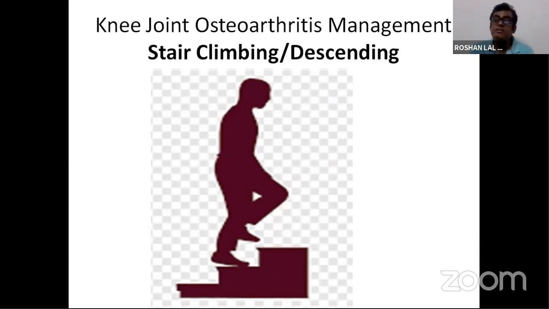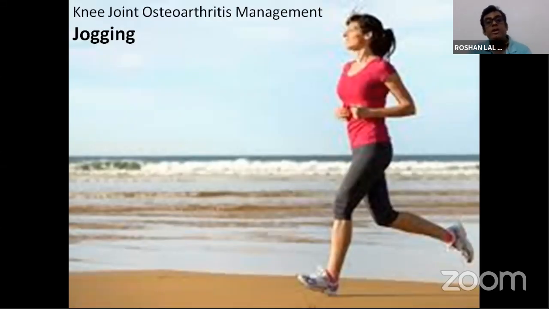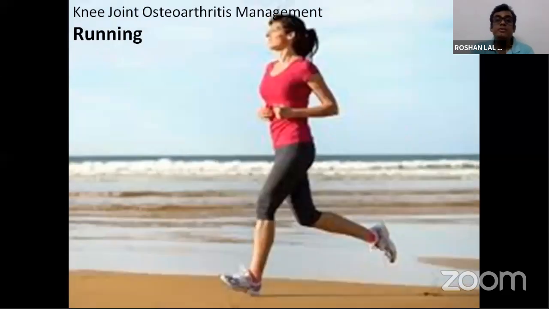Now, because strength has improved, we can condition the muscle. Suppose a 50-year-old stays on the second floor. Now he has to come down or climb the stairs once or twice a day. So we have to condition the muscles for that activity. We can ask the patient to go for jogging, running.